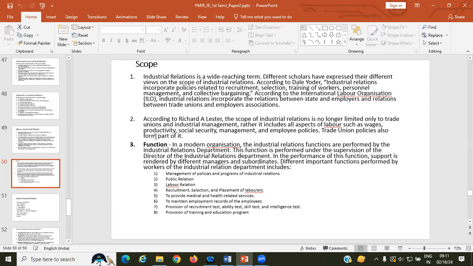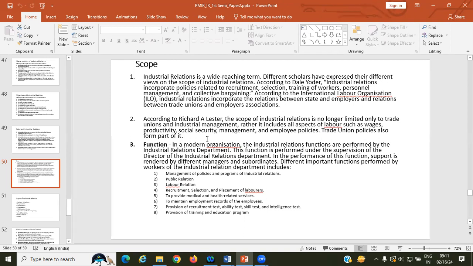Indian policies also form part of it. He is a scholar and writer who has given the definition that it has no limit to the unions.